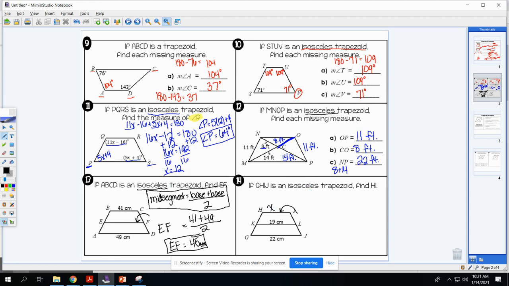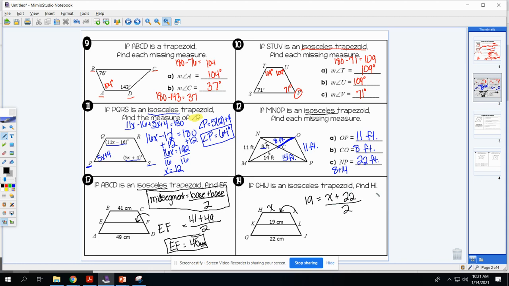We're going to use this same exact formula here, our midsegment. So 19 is equal to our top base plus our bottom base divided by 2. So top base is x, bottom base 22, and we will divide that all by 2. All right. Now this right here is normally one of the spots where we struggle.